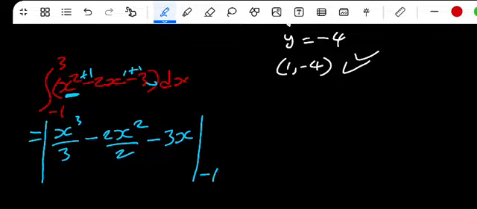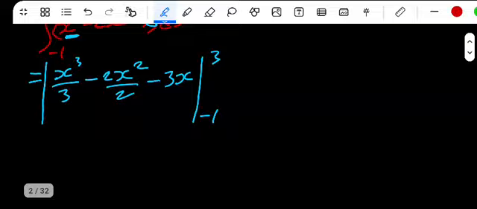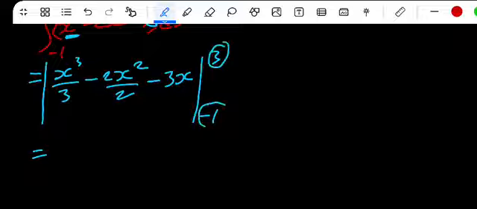We evaluate this from -1 to 3. Let us find the area there. So it is the upper limit minus the lower limit. This will be equal to, where you see x, these are the values of x. Remember, it's a lower limit and upper limit. So when you see x, we replace it by 3. We start with 3.